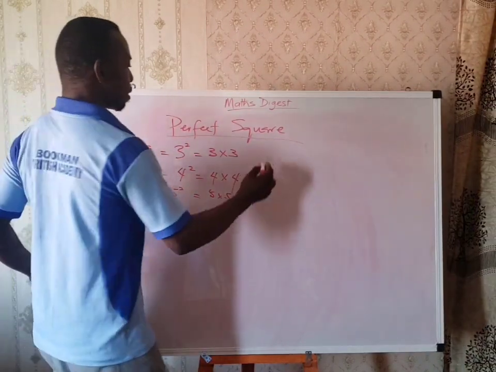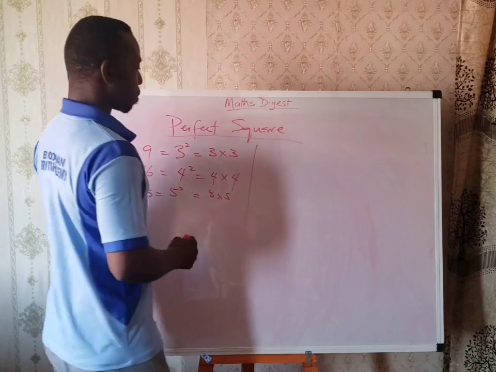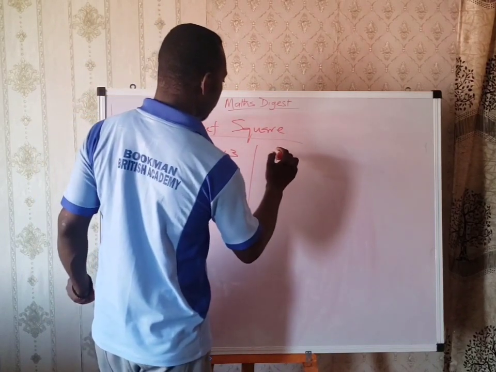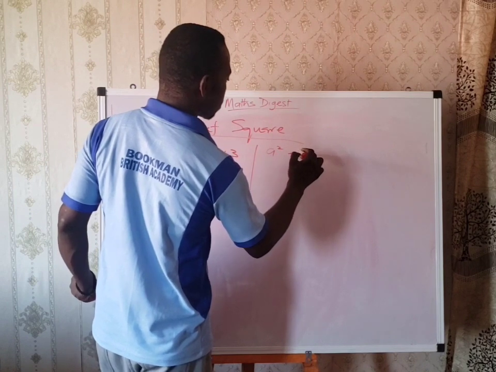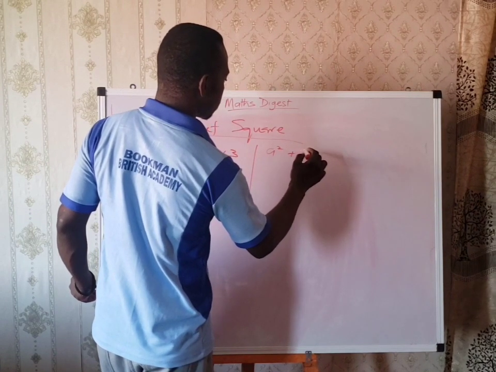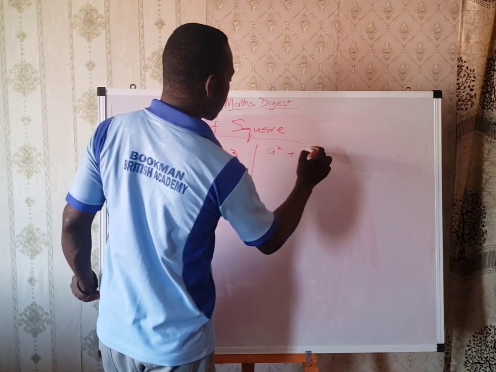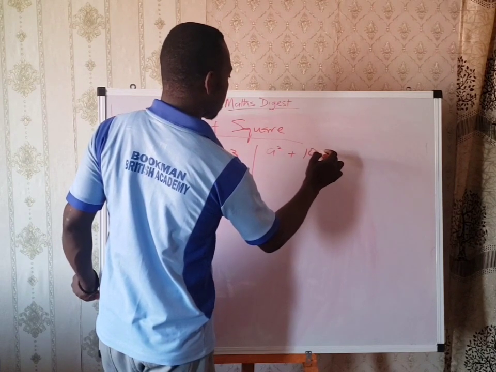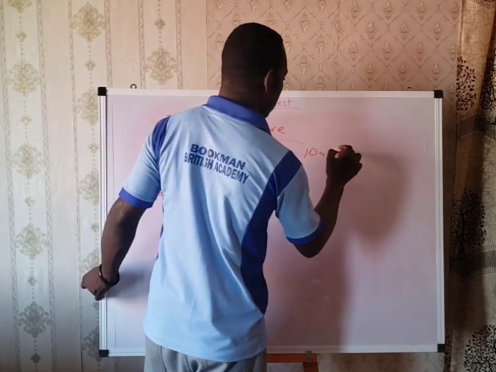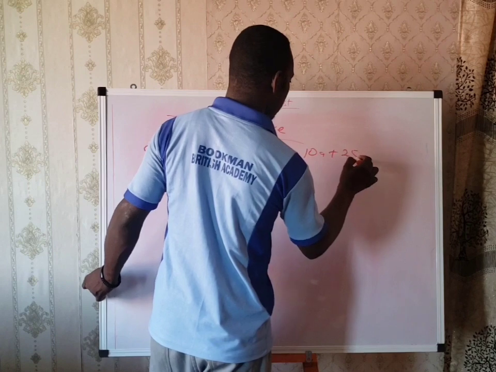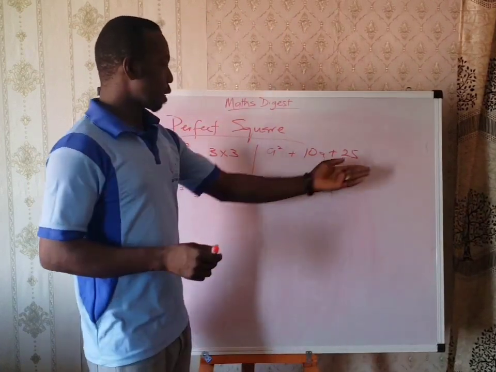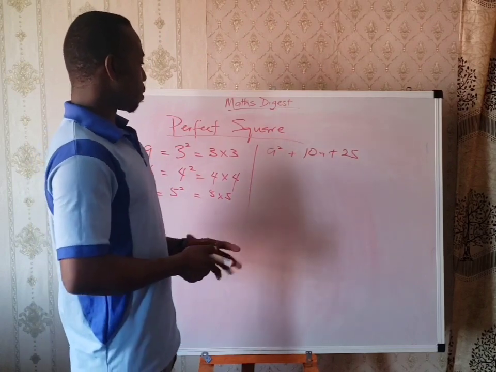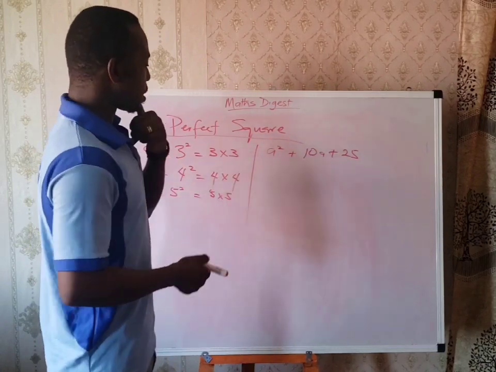Now you can equally look at an expression that says you have a squared plus 10a plus 25. Remember this is just like a quadratic expression.